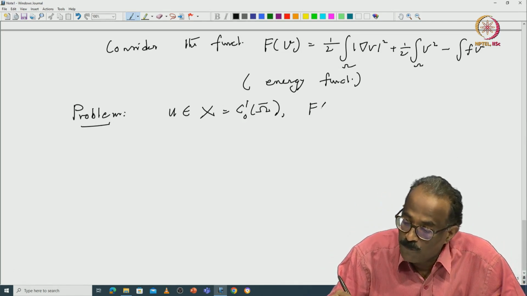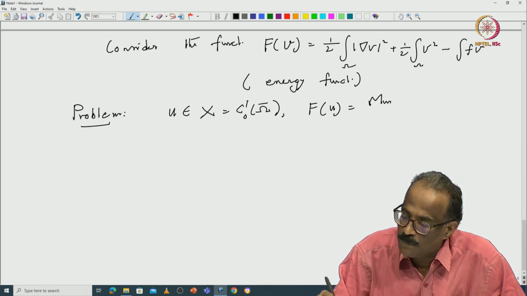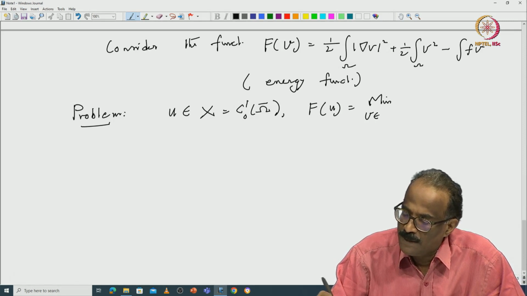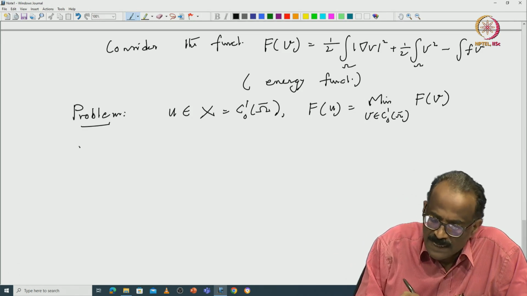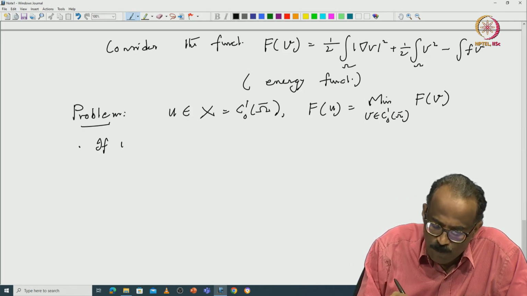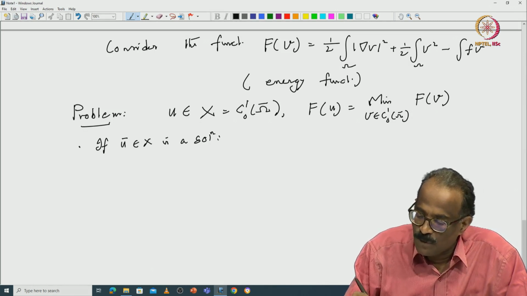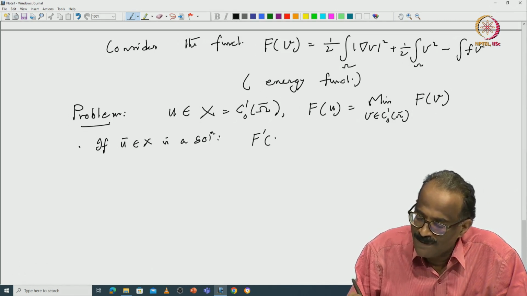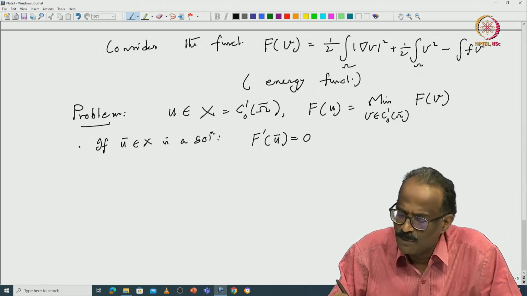You want to find u such that F of u is the minimum, or infimum over v in C1 naught of omega bar of F of v. So if u bar in X is a solution, you compute F prime of u bar, which should be 0. That is the kind of calculation you have done.